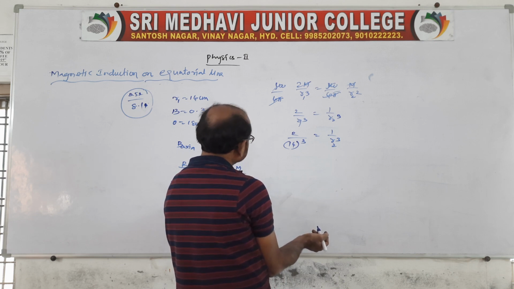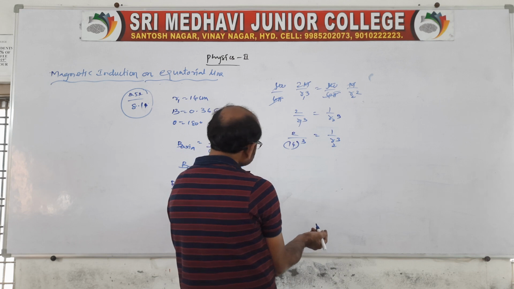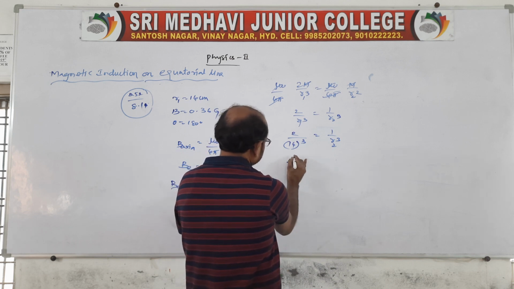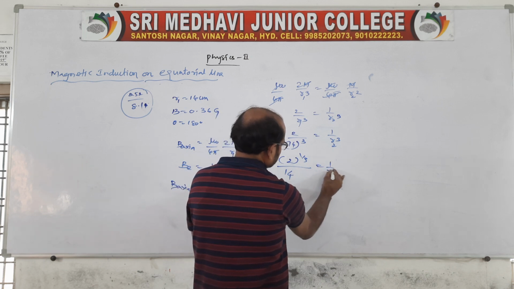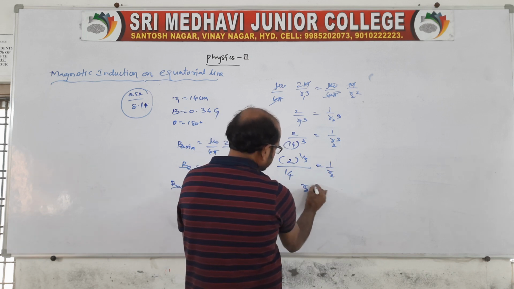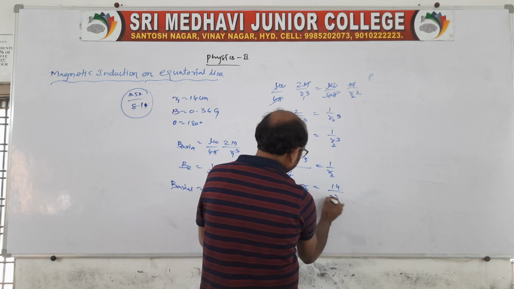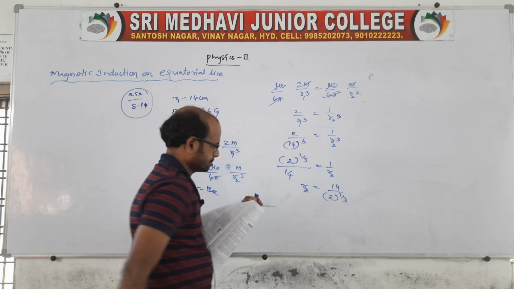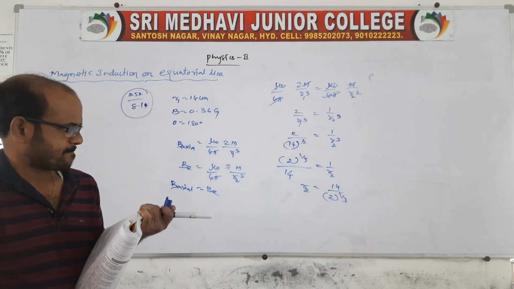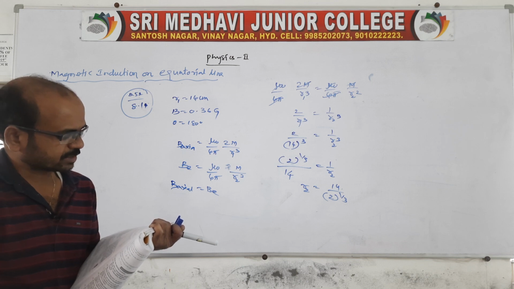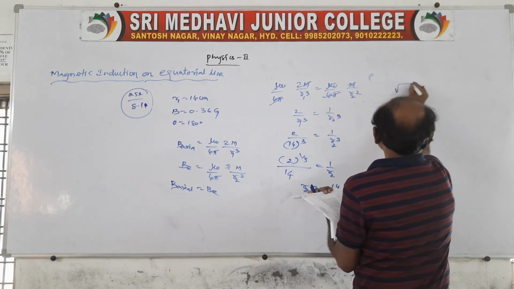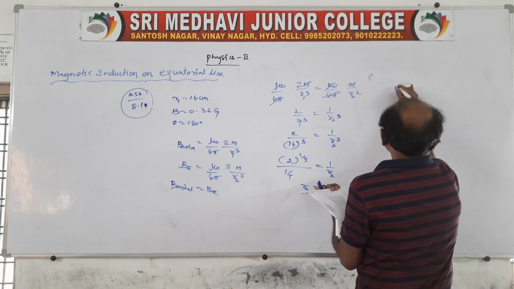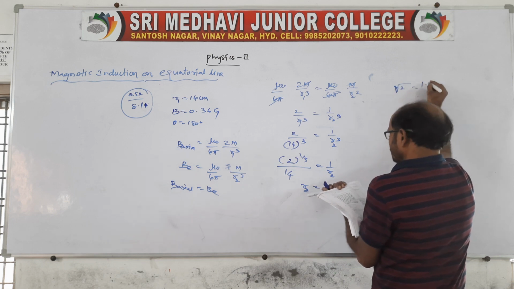So what happens here, if I take 14 cube, instead of this 2 power 1 by 3, r2 is equal to 14 by 2 power 1 by 3, that is the cubic root. The cubic root is approximately 1.25.